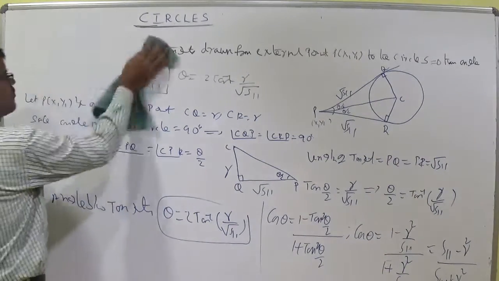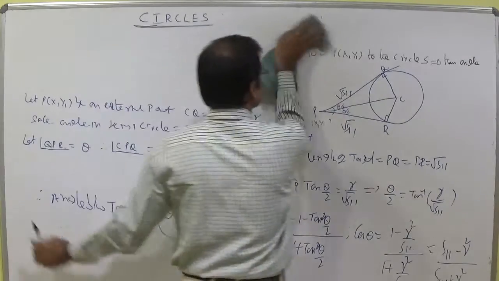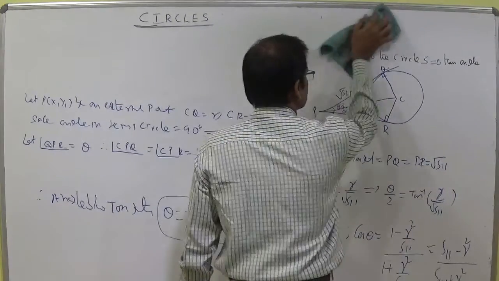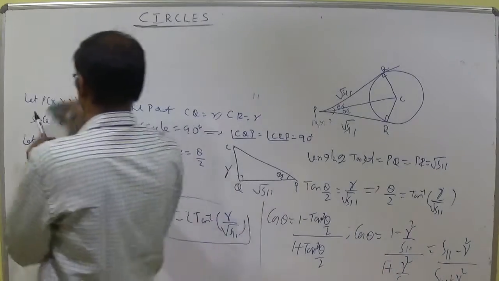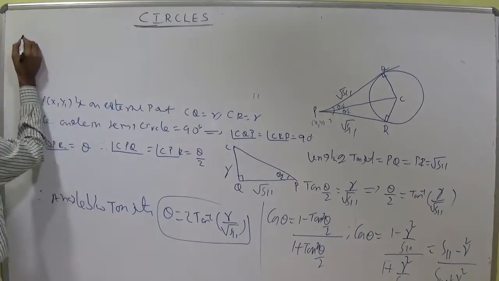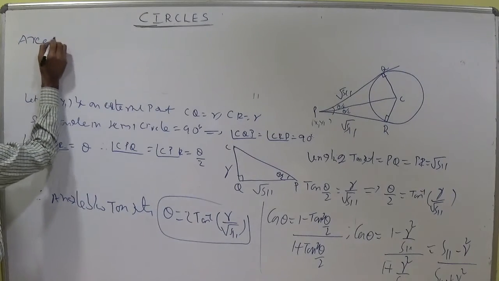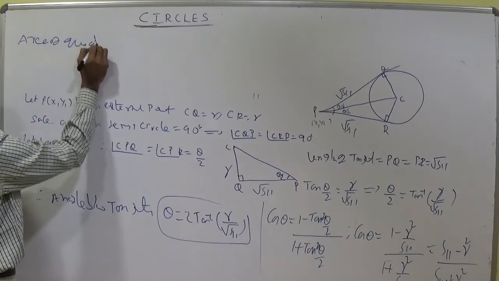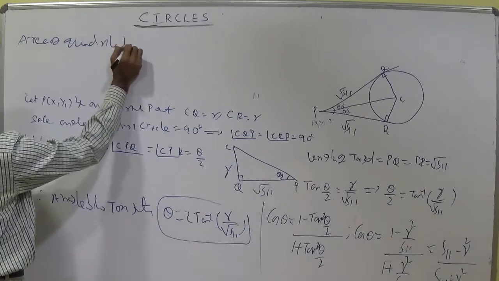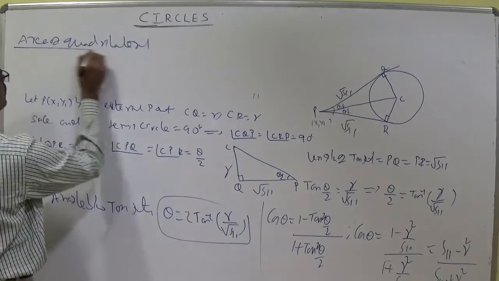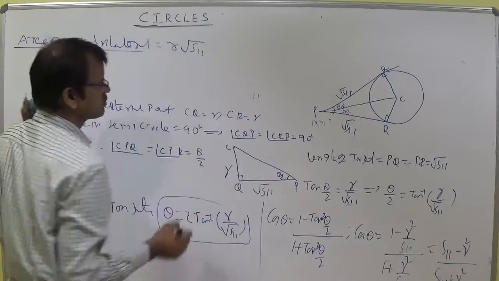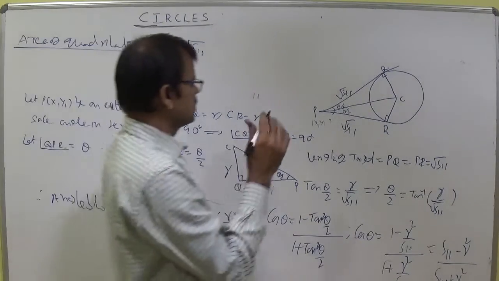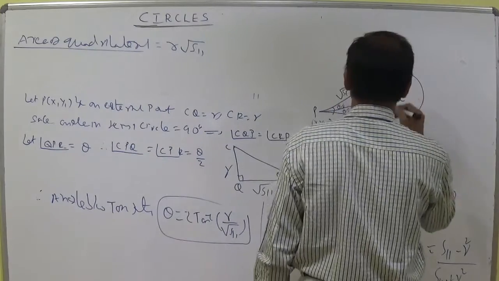After completion of angle between two tangents, area of a quadrilateral. Using the same diagram, area of a quadrilateral is equal to R root S11. Let us discuss using the same diagram.